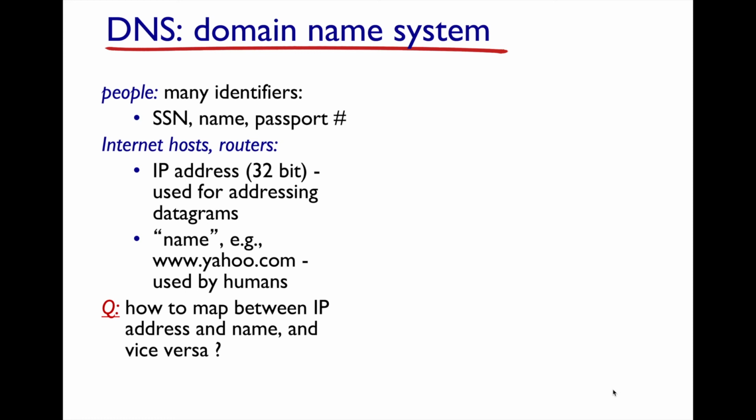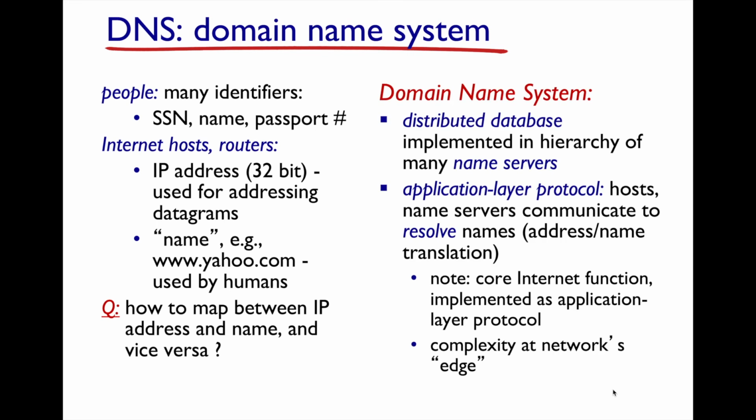That's IP version 4, but certainly IP version 6 is becoming more and more pervasive. And so a name like yahoo.com is used by people, but a number like, I don't know what their address is, I'll just make one up, 164.27.93.14, all right, is what your computer really cares about. And so the question that DNS answers is, how do you map between names and addresses and vice versa?